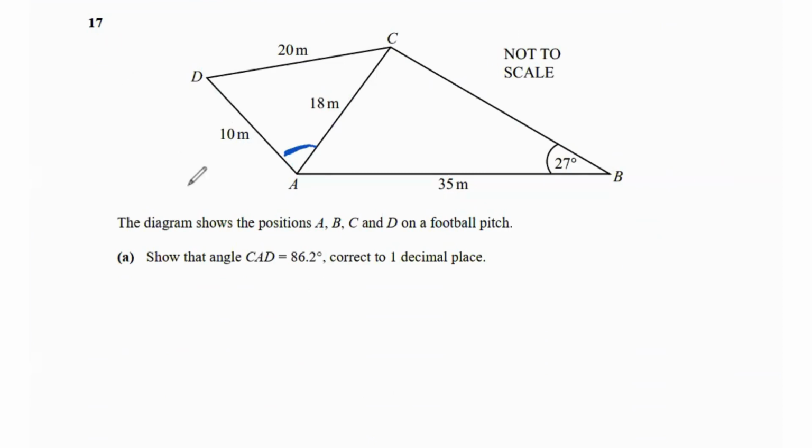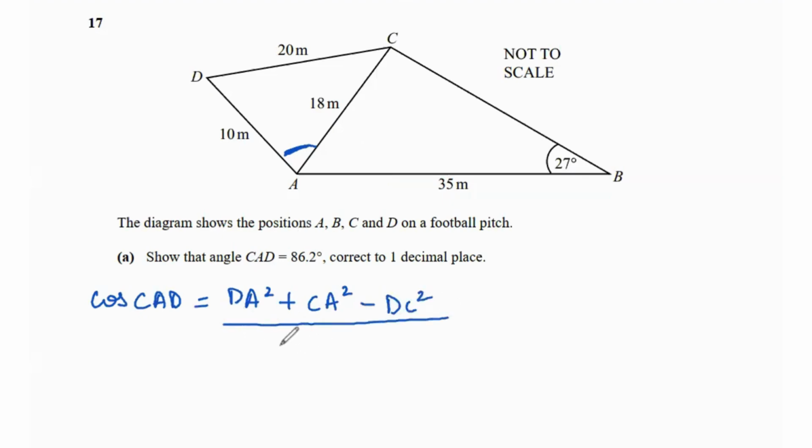For the cosine rule, cos of CAD will equal DA squared plus CA squared minus DC squared over 2 times CA times DA.